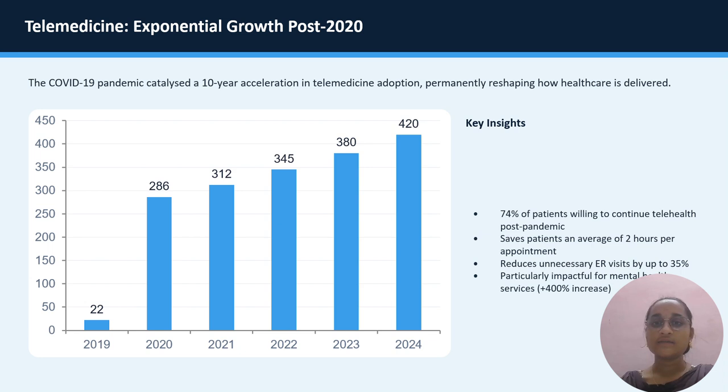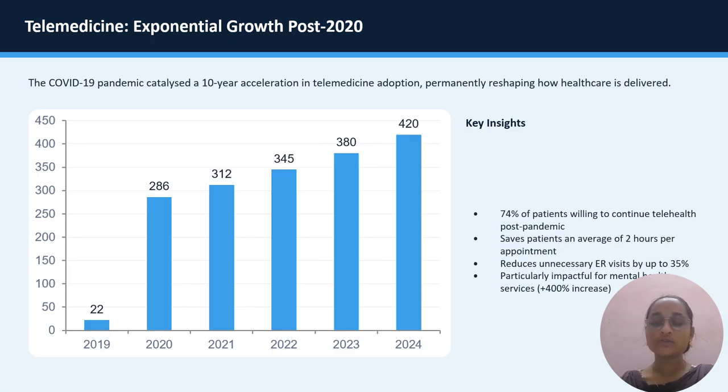Then we see about the key insights. 74% of patients willing to continue telehealth post pandemic, and saves patient an average of 2 hours per appointment. Then reduce unnecessary ER visit by up to 35%. Next, particularly impactful for mental health service, plus 400% increases.